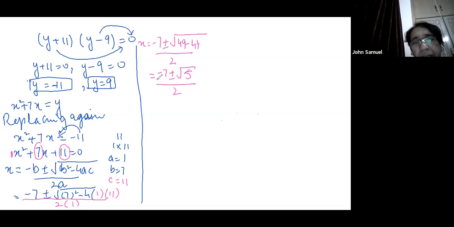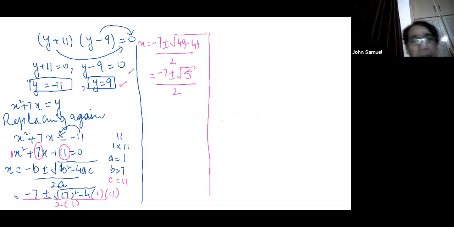So now the two values are here. One is x is equal to minus 7 plus under radical 5 over 2, and the second is minus 7 minus under radical 5 over 2. This we got. The other one is what? Again we will shift; this time we put 9. So x square plus 7x is equal to 9.